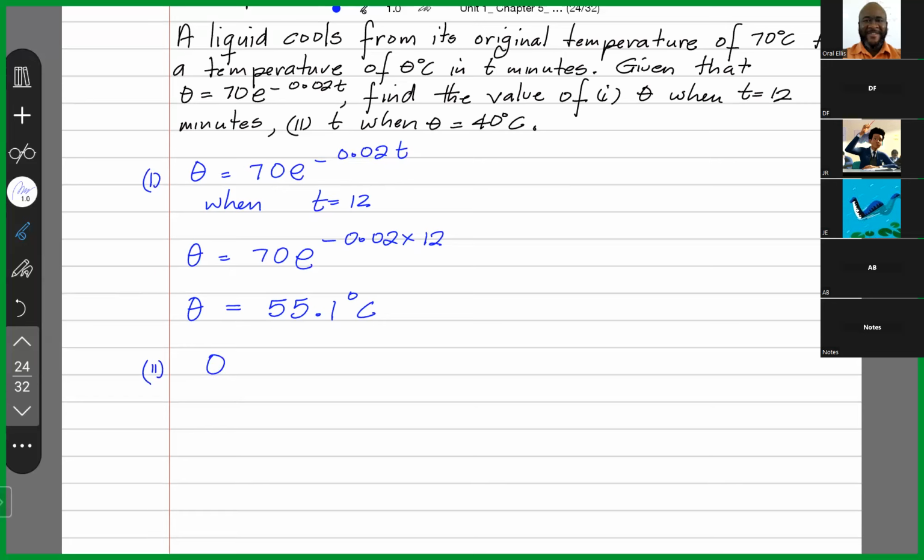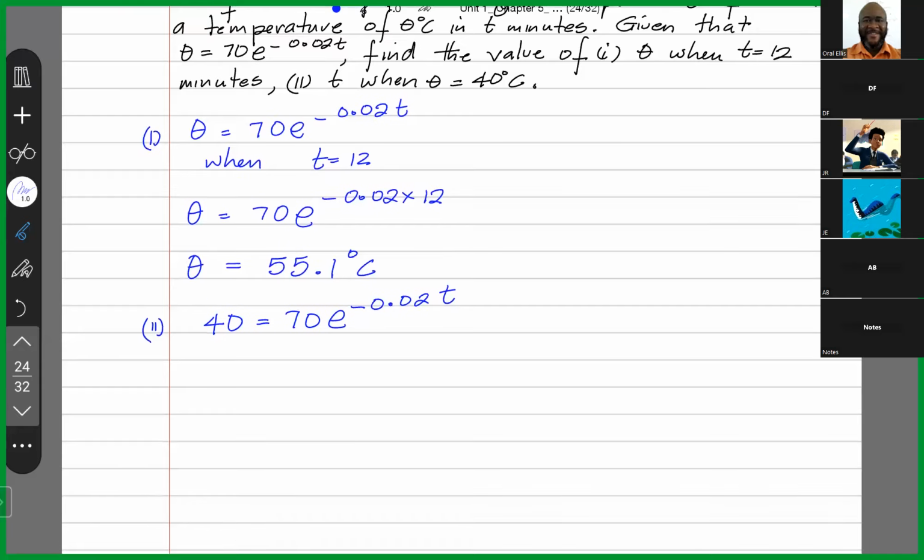I guess we didn't have to do it. I guess we could have started by putting in the values. So let's do this one like that. When theta is 40 degrees, so theta is 40, is equal to 70 e to the minus 0.02 t, and our objective is to find t.